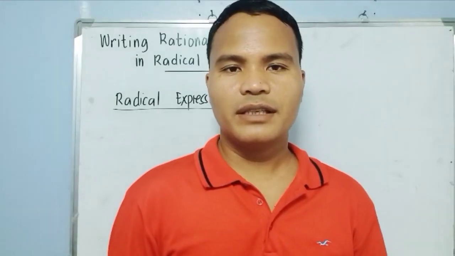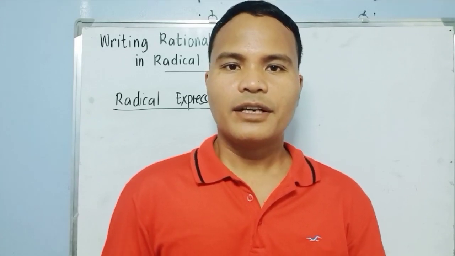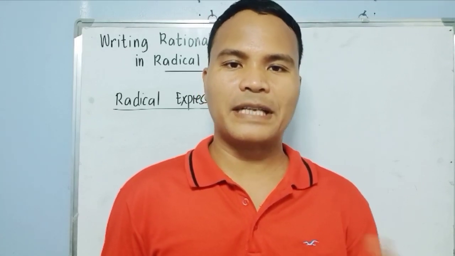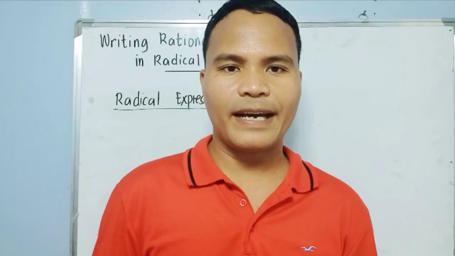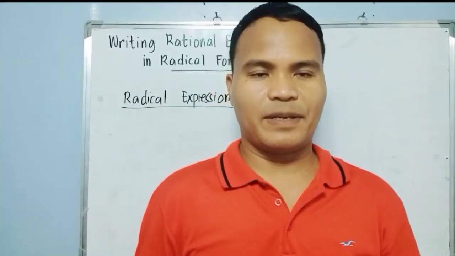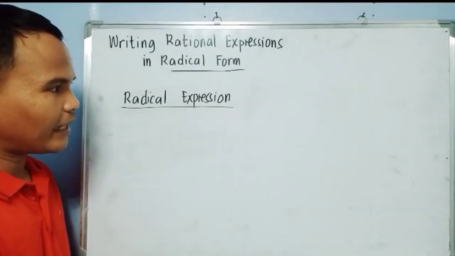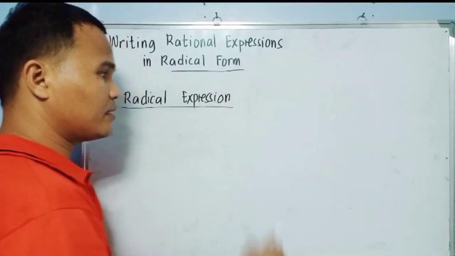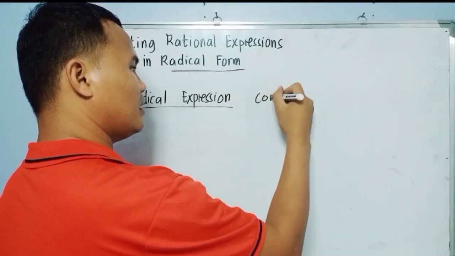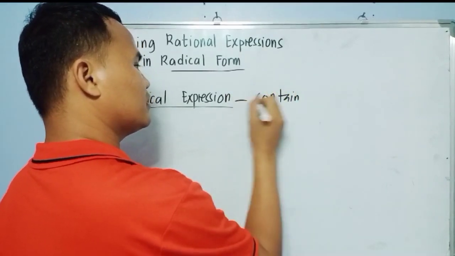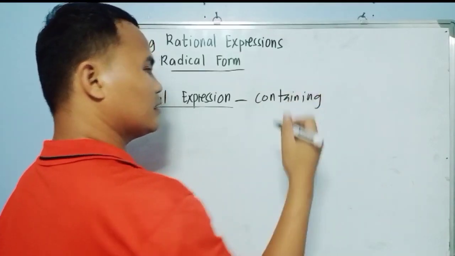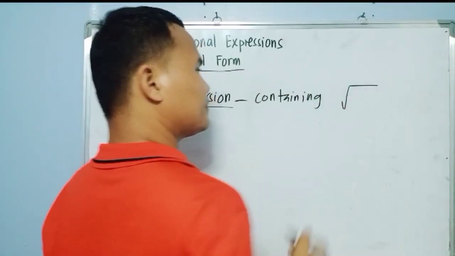Okay, in this video, let us talk about writing rational expressions into radical form. But before that, let us determine first a radical expression. Okay, a radical expression is an expression that contains this symbol.